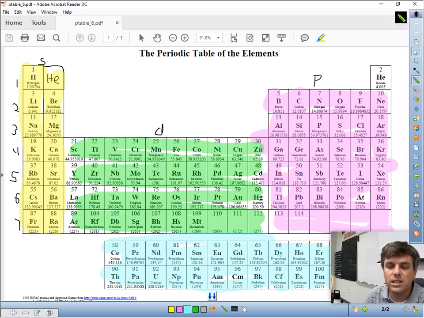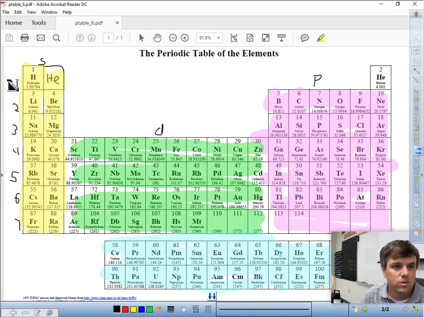So the way we're going to actually do this: essentially, this represents 1s, 2s, 3s, 4s, 5s, 6s, and 7s. Similarly with the P's, this would be 2p, 3p, 4p, 5p, and 6p.